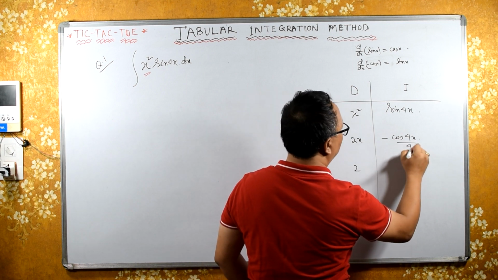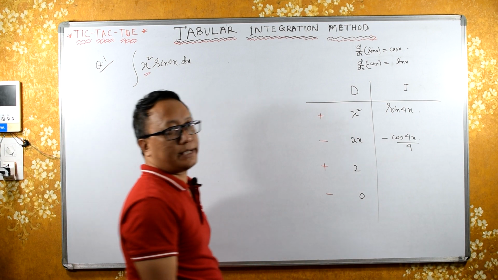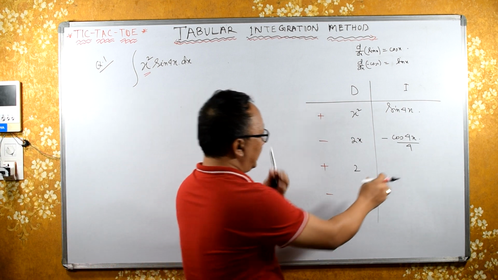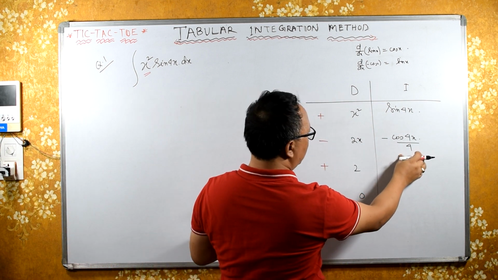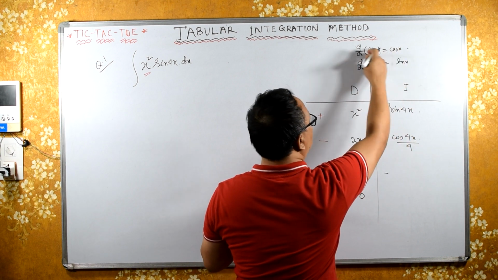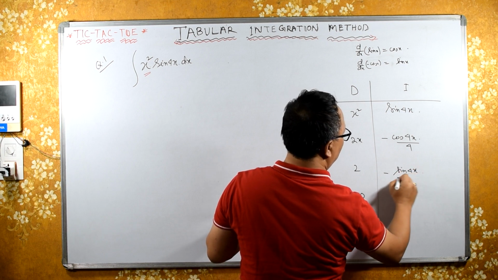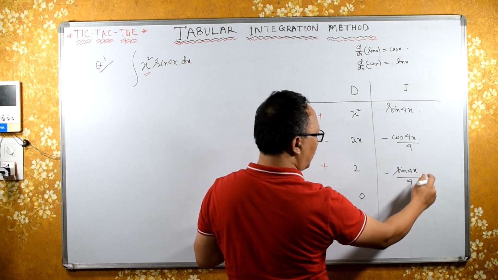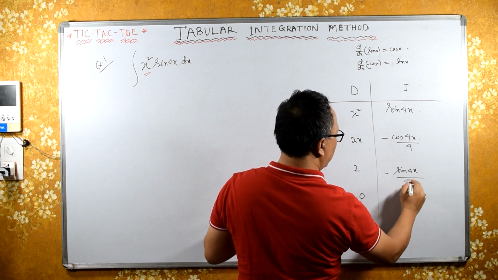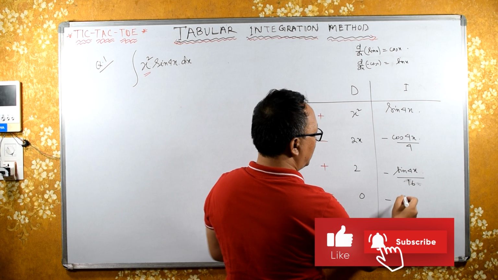Okay, why 1 upon 4? Because we have to differentiate 4x with respect to x. Again integrate this with respect to x. The integration of cos is sine, so here it will be sine of 4x upon 4, and again 1 by 4 will come. 4 fours are 16. Again minus.